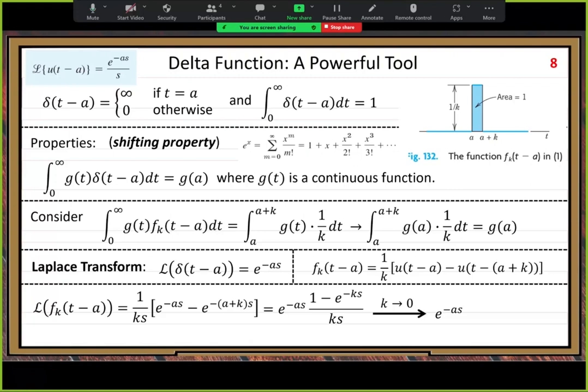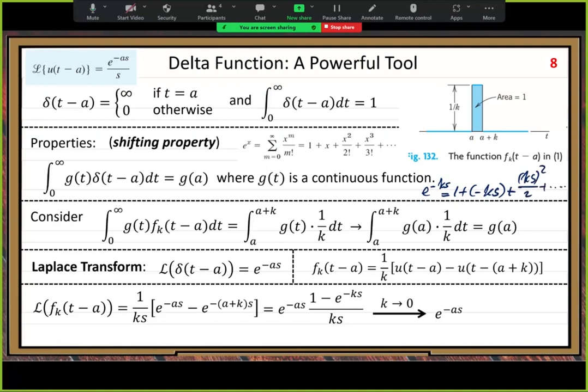Power series. Here, e to the negative ks equals 1 plus negative ks plus ks squared over 2, dot dot dot.